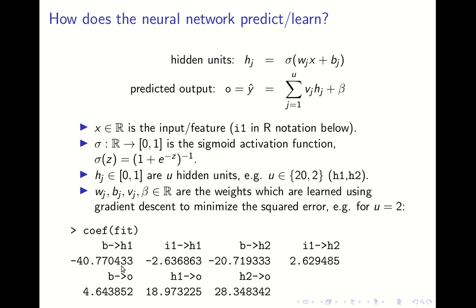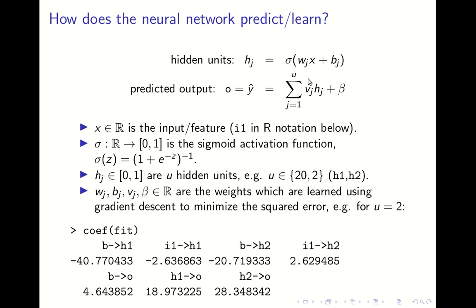So these are the b arrow h1, b arrow h2. These are the bj's. These I1 arrow h1, I1 arrow h2 are the wj's that we see in this equation. The B arrow O is the beta that we see over here. The H1 arrow O and H2 arrow O are the vj's that we see in this equation over here.